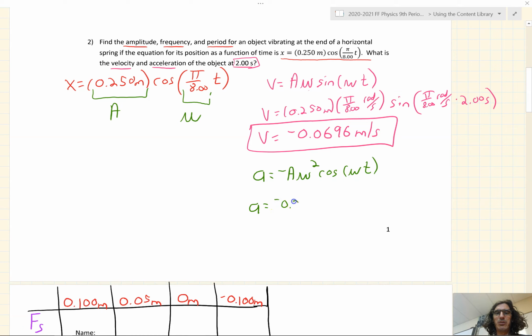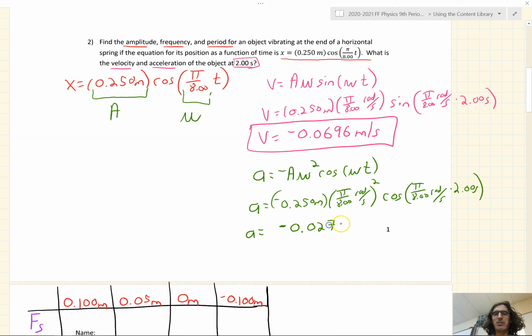Negative 0.250 meters times omega squared, that's pi over 8 radians per second quantity squared, times the cosine of omega again, pi over 8 radians per second times 2 seconds. Plug and chug and we get the acceleration equal to negative 0.0273 meters per second squared.